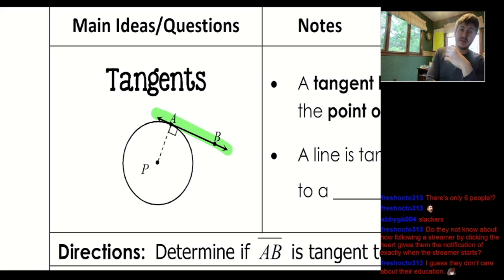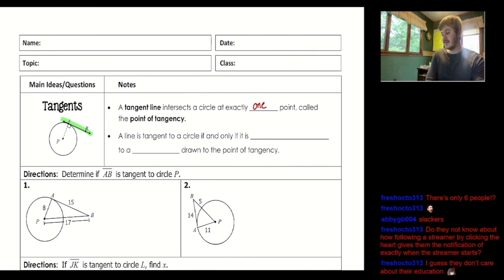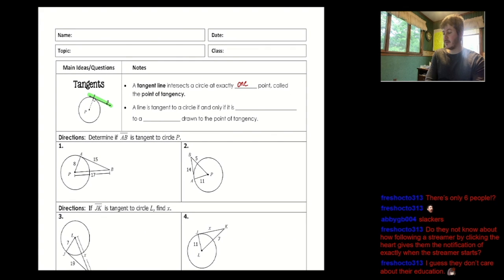Now we're going to discuss why that is important and what tangent lines really mean on a geometry scale. It says a line is tangent to a circle if and only if it is blank to a blank drawn to the point of tangency.